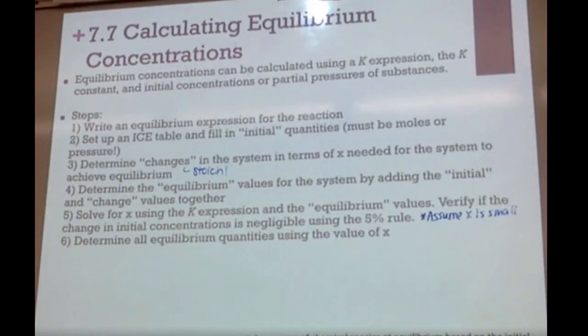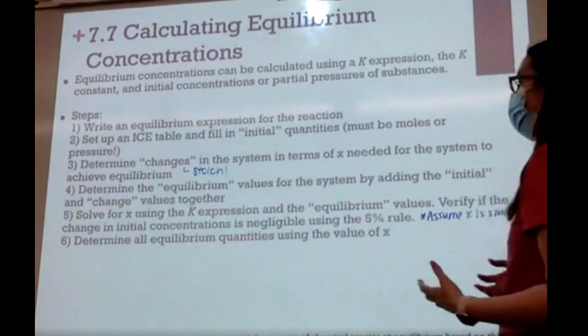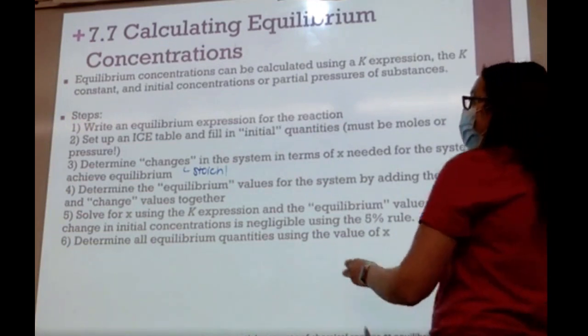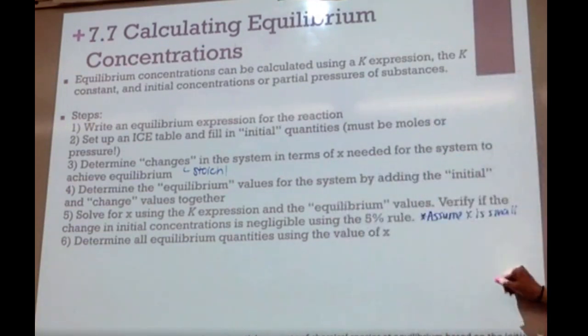So you're assuming that subtracting X from something will not make a difference. And then you can do the algebra using the X's, using the K, and you can solve for X and plug it back into your ice table. So if you're in doubt and you see something at equilibrium, you see a reaction with a double arrow, set up an ice table.